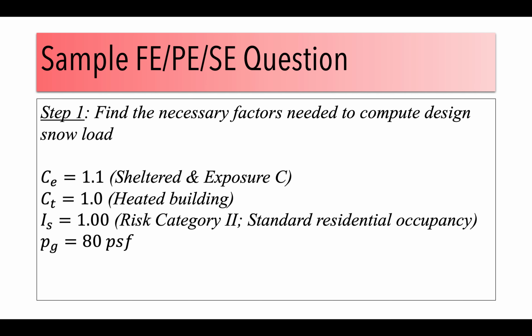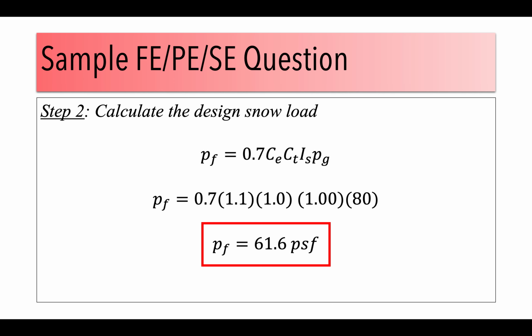And then you're already given the ground snow load, which is 80 PSF. So then the final step is just to plug in the factors and the value of the ground snow load in that equation, and you'll find that the design snow load is going to be 61.6 PSF. Very easy, very straightforward.